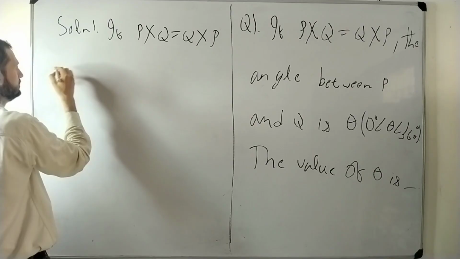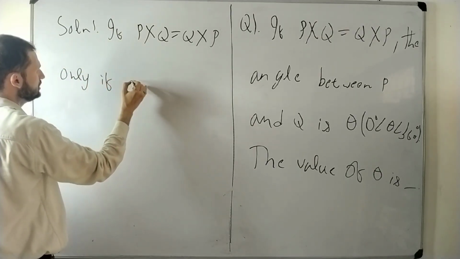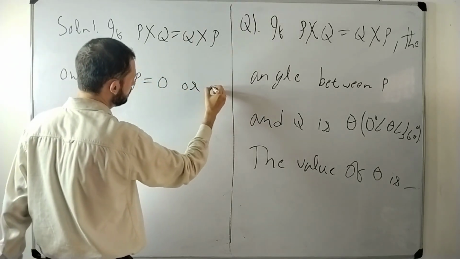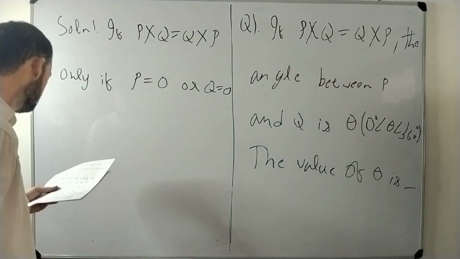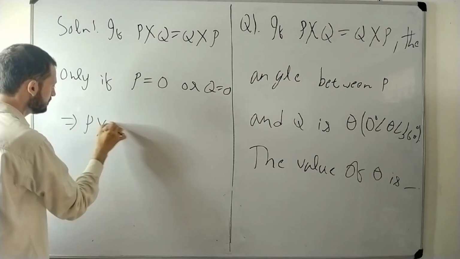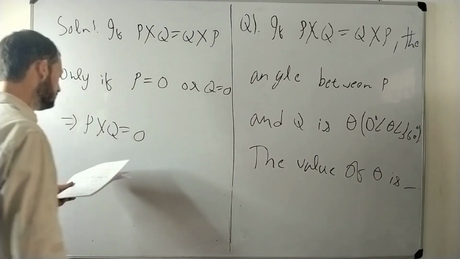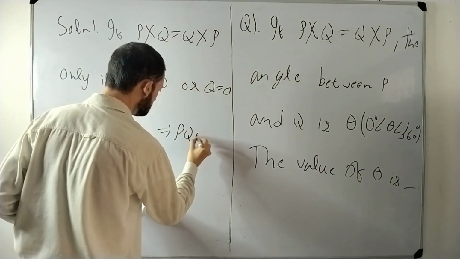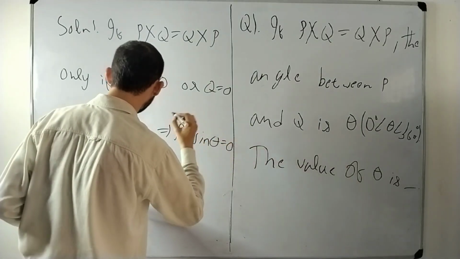Possible only if either P is equal to 0 or Q is equal to 0. Right, students? Then P cross Q happens to be 0. And this implies PQ sin theta is equal to 0. Now this you are getting now.